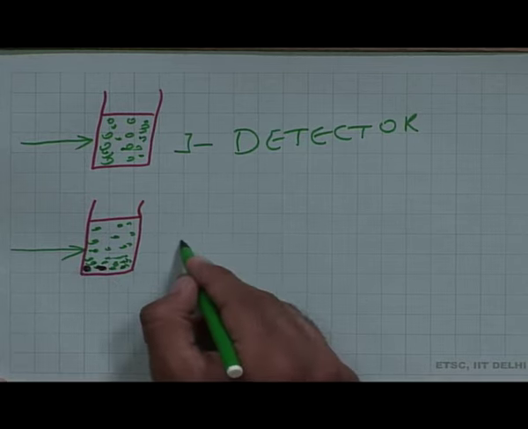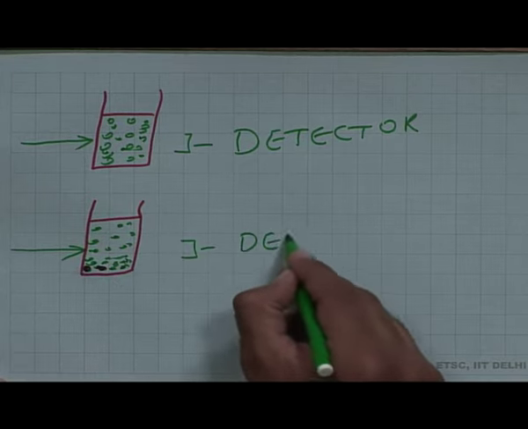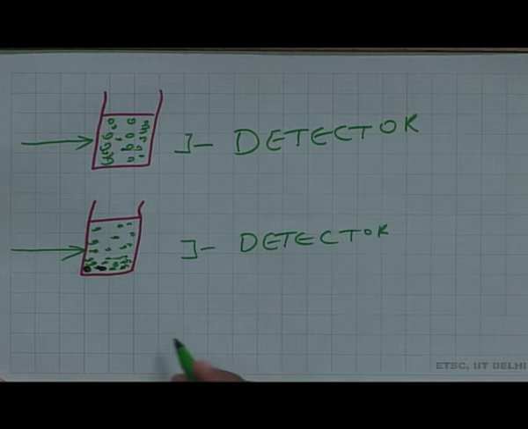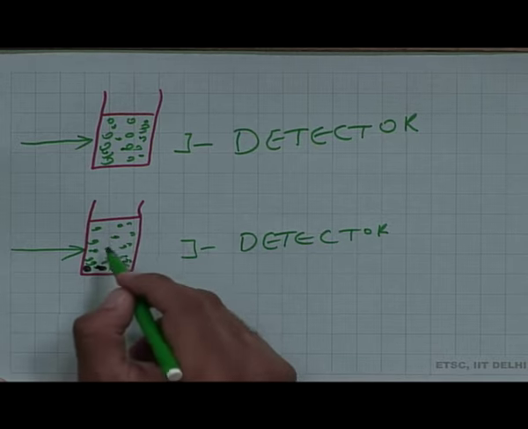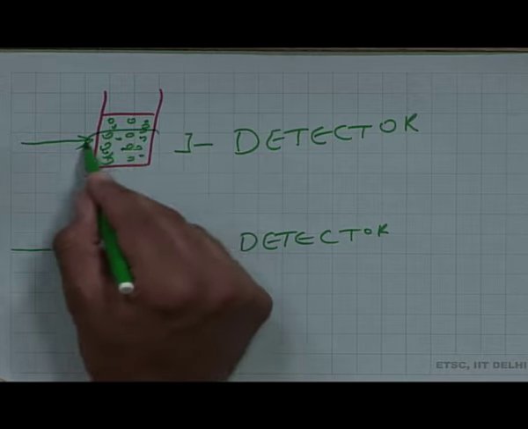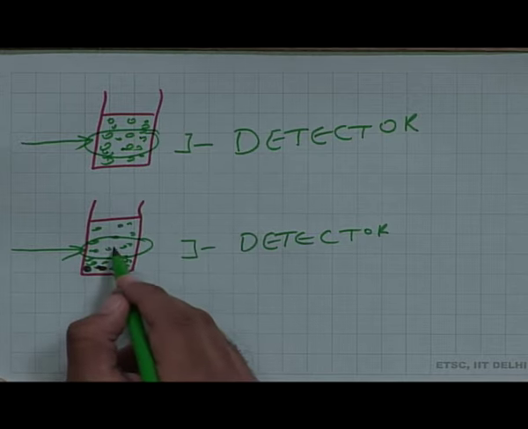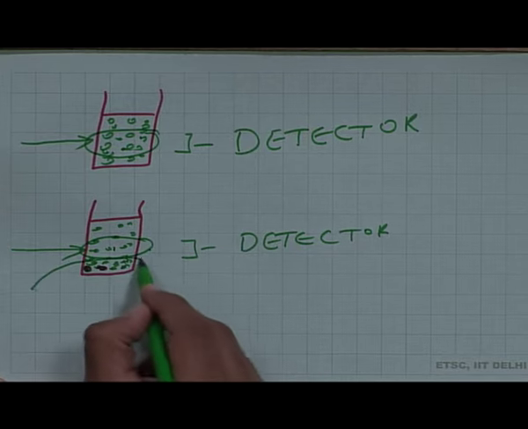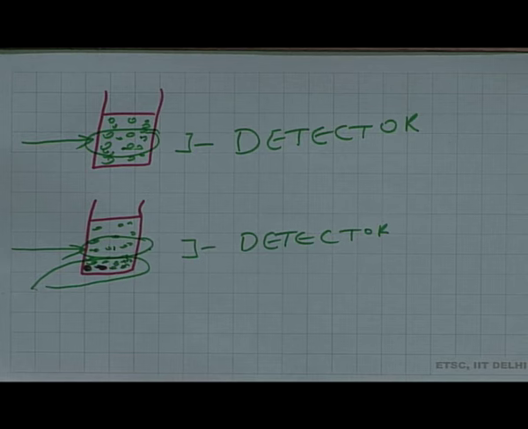This is your detector. So, it will only measure these cells, while the concentration here is smaller than the concentration here. So, essentially you are getting a lower concentration than what you have in the system.